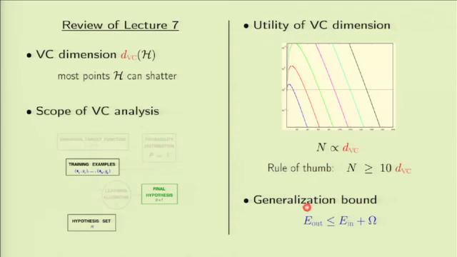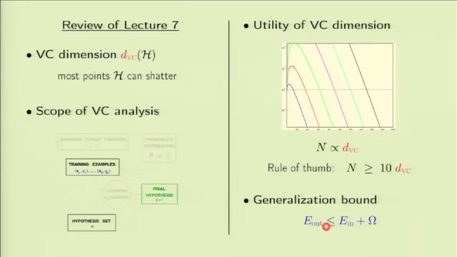We ended with summarizing the entire theoretical analysis into a very simple bound, which we are referring to as the generalization bound, that tells us a bound on the out-of-sample performance given the in-sample performance. And that involved adding a term, capital omega. And capital omega captures all the theoretical analysis we had.